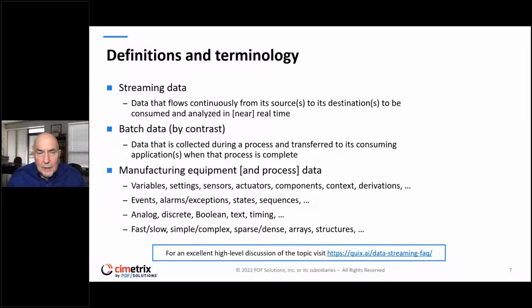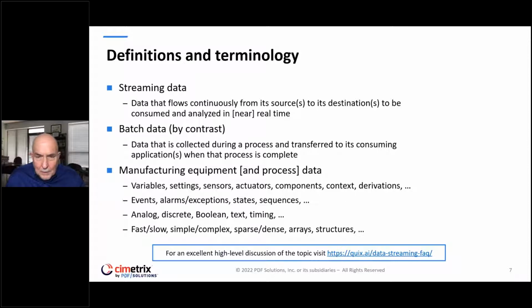Now, from a manufacturing standpoint, the varieties and types of streaming data are just as broad as any other data types. And so you may have process variables and equipment variables, settings which are relative or constants during a time frame, information about the behavior of sensors, actuators, components, subsystems.